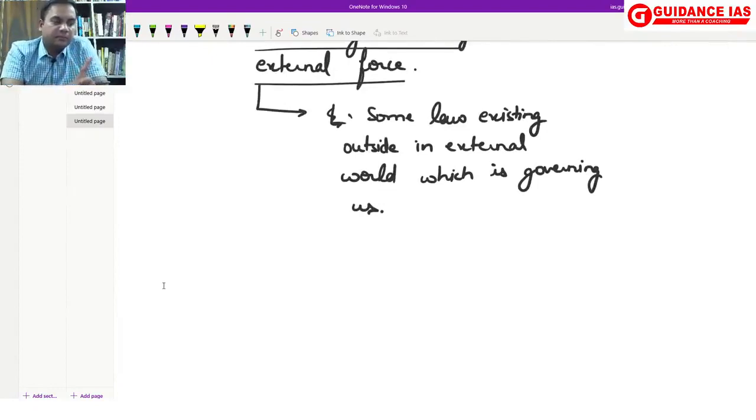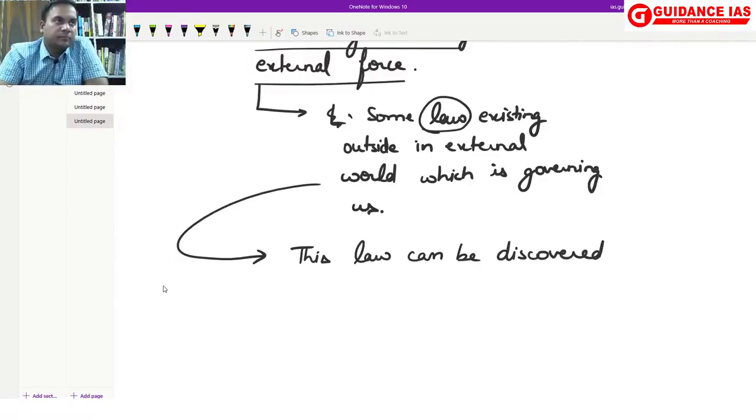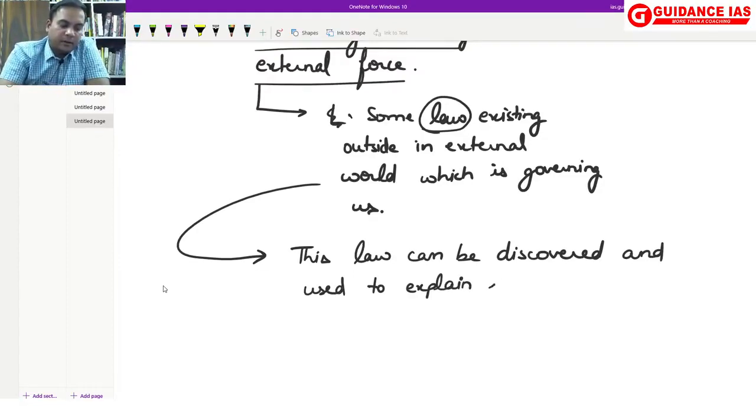So that is one thing. Now if there is some kind of law which is existing, tell me, can I say this law can be discovered and used to explain human activity?